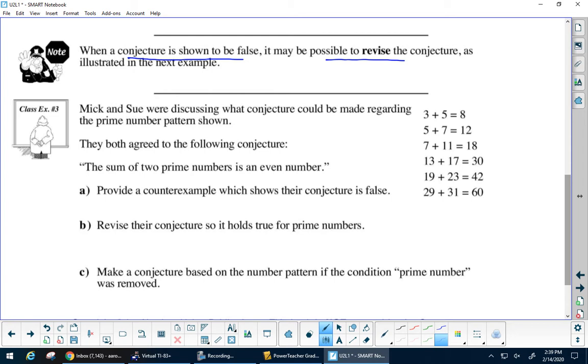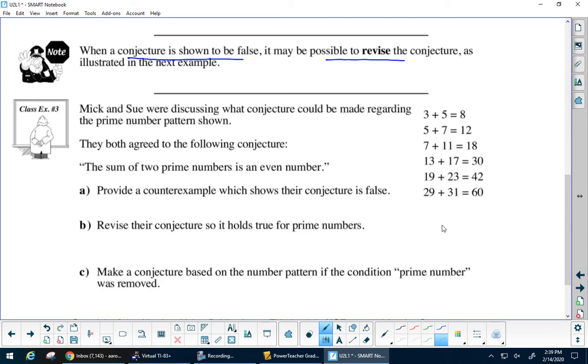Now, Mick and Sue were discussing what conjecture could be made regarding these prime numbers. 3 plus 5 is 8. 5 plus 7 is 12. 7 plus 11 is 18. 13 plus 17 is 30. 19 plus 23 equals 42.